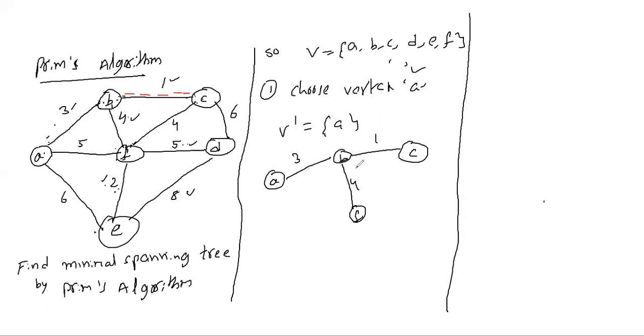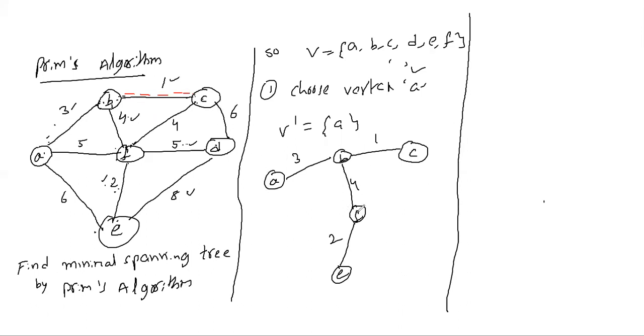When you come to F, F to D weight is 5, F to E weight is 2. Which is the smallest one? F to E. So add F to E, this is 2.